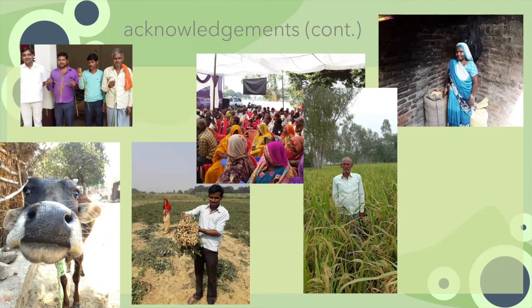And of course, it is well known that dynamics in aflatoxin contamination are wildly variable year to year, as determined by local climates and production contexts. But I think one thing that I've really tried to focus on in my research is identifying those things that are stable over time.